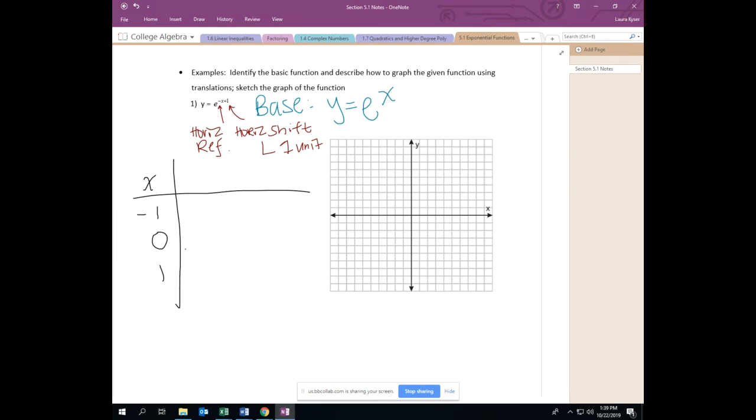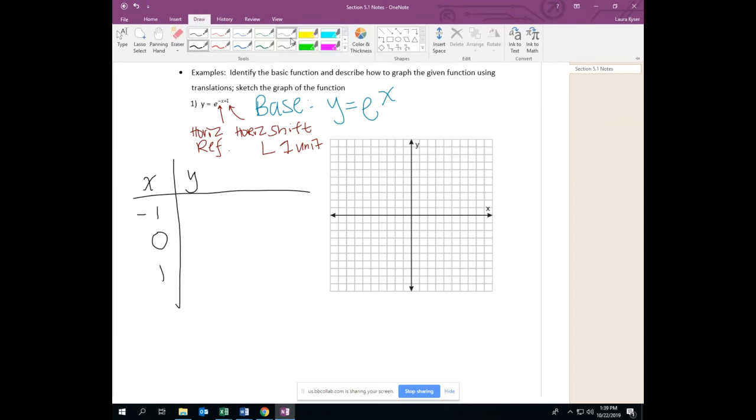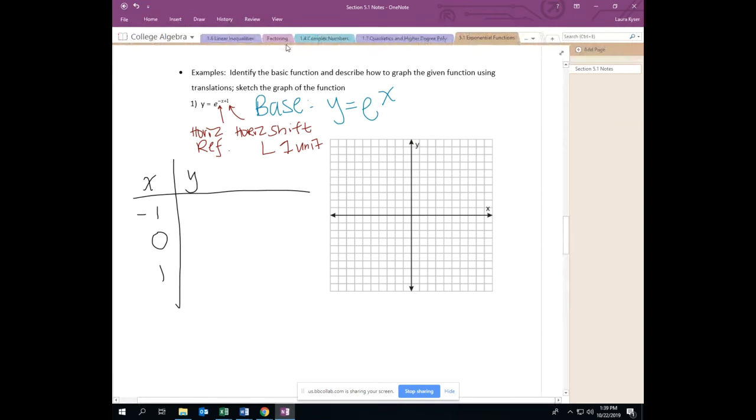And now I'm going to use these 3 points to begin with, negative 1, 0, and 1. So I go into my function, starting with negative 1. And so when I plug in, I'm looking at e to the minus negative 1 plus 1 power.